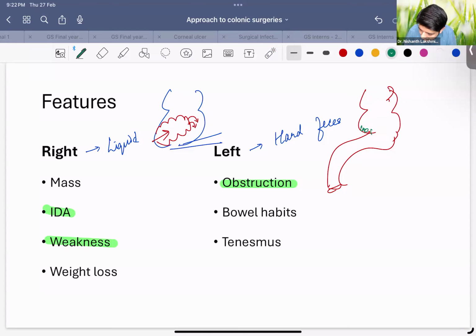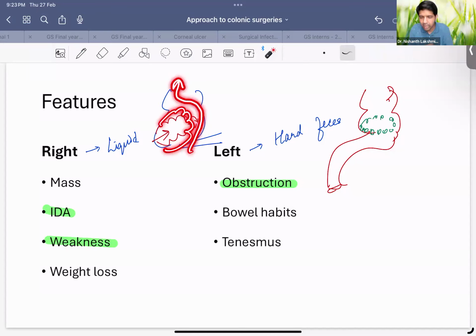That is what we call a napkin ring appearance. So it starts going around circumferentially, and gradually it keeps becoming narrow and causes obstruction. Here, irrespective of how big it becomes, the liquid can easily find a way around it and get out. That is why right-sided colon cancer does not present with obstruction.